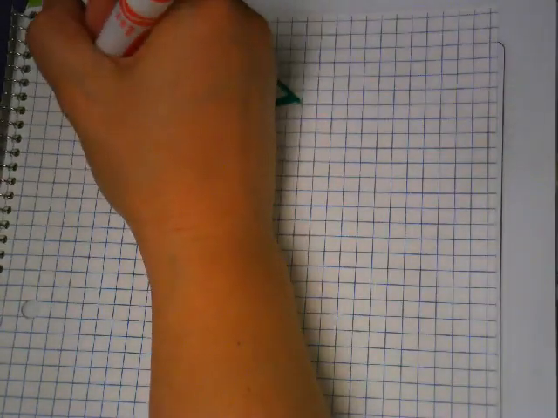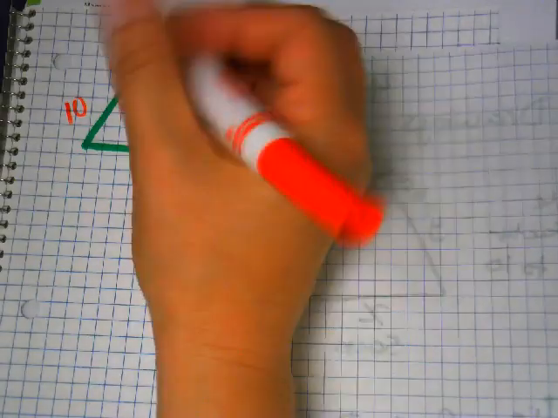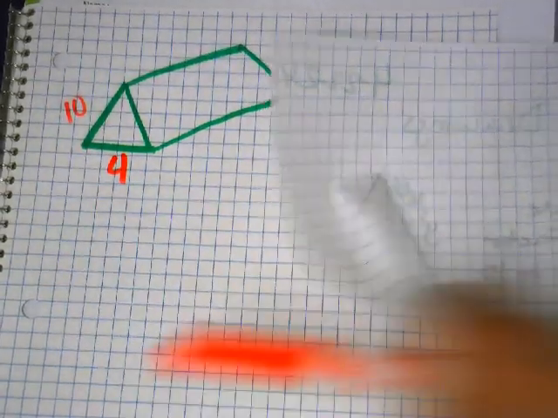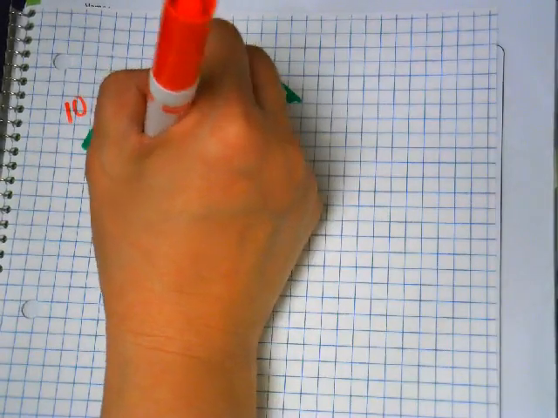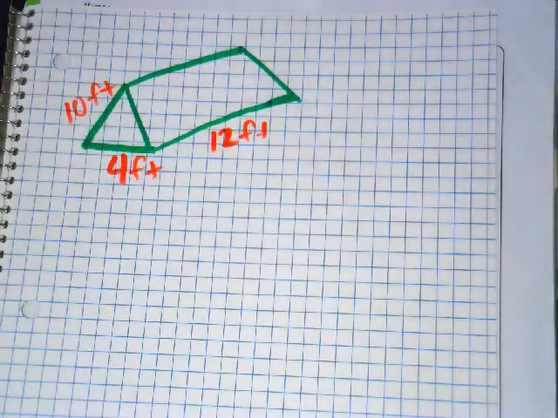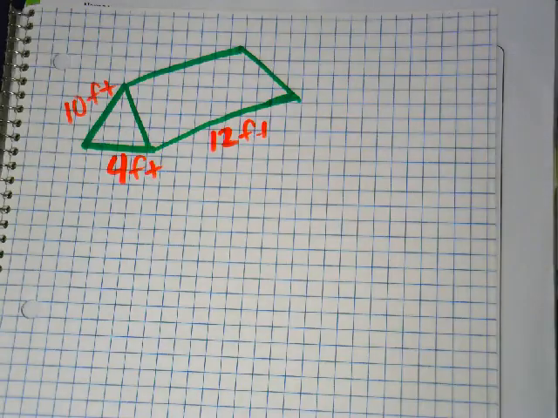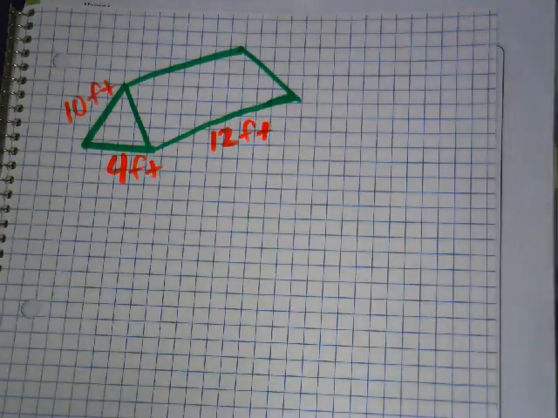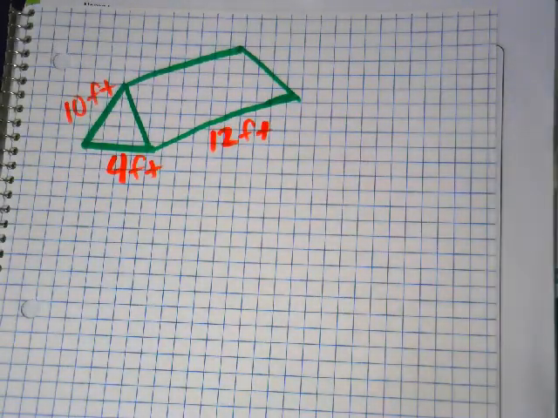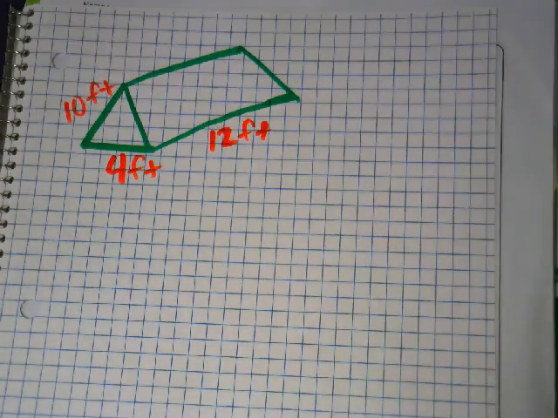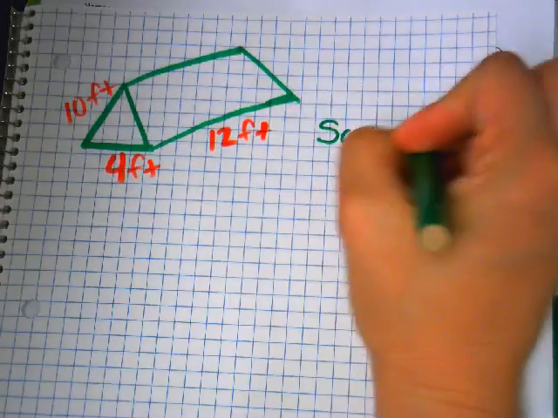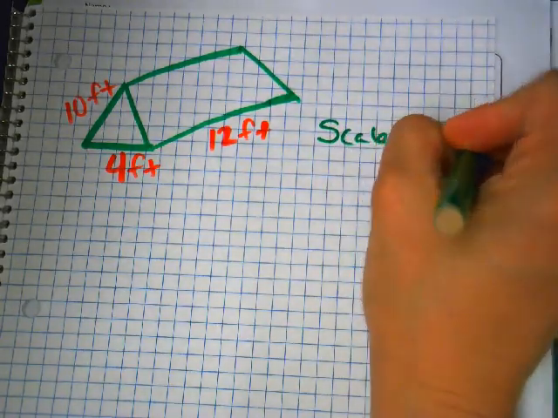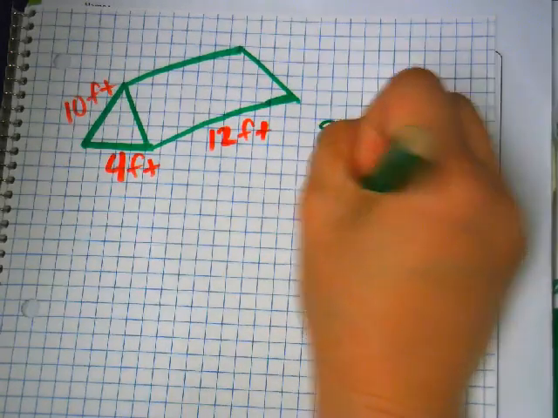All right. So 10, 4, and 12 feet. Wow, it fits the whole family. And I'm going to say that the scale factor is 2 to 1.